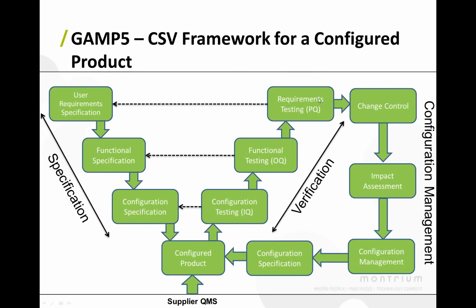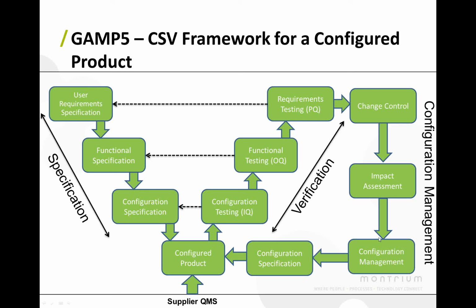Once it's put into production and everybody starts using it, of course, that's when all of the changes are requested by the end users, because obviously seeing is believing, and that's where we need to go into a change control process. And so we should have a formal change control process which allows us to really document what change is required, to perform an impact assessment on what's the impact of this change on the validated state of the system and what would need to be retested.